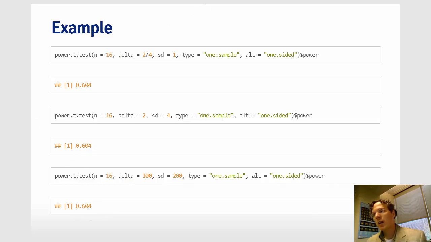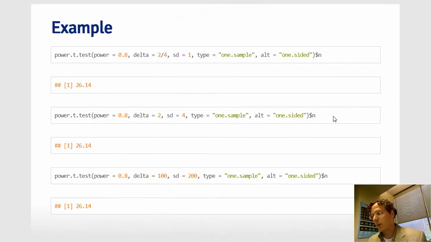Let's go through a couple more examples of using power.t.test. Now in all of these cases I calculated power while inputting n, delta, and the standard deviation. Now, let's try to calculate sample size where I give power.t.test the power that I would like.